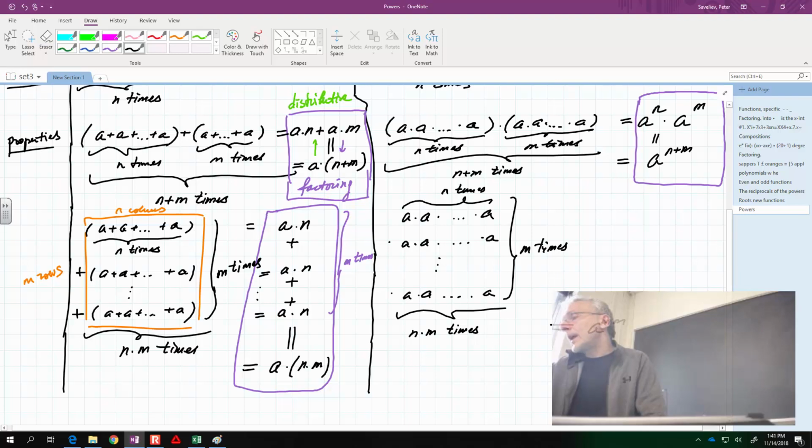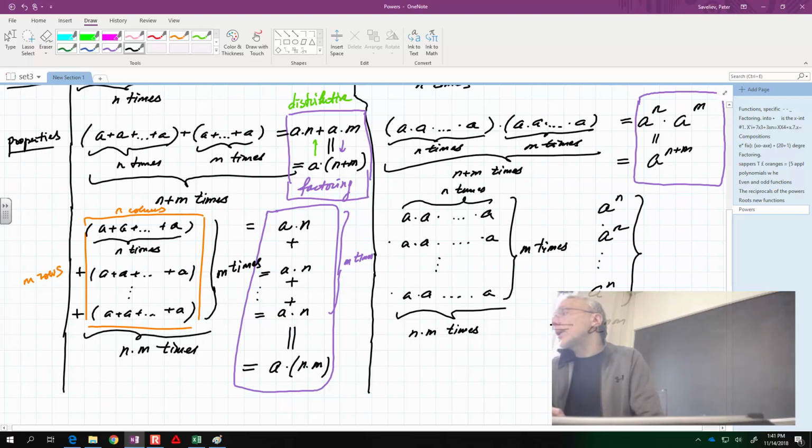Now, what is it that we have on the right? On the right, each of these is a to the nth power. The next one is a to the nth power as well, and then a to the nth power. So in other words, we multiply a to the nth by itself m times. What's the other notation for it? A to the nth power multiplied by itself m times. So what you're looking at is repeated multiplication again, right?